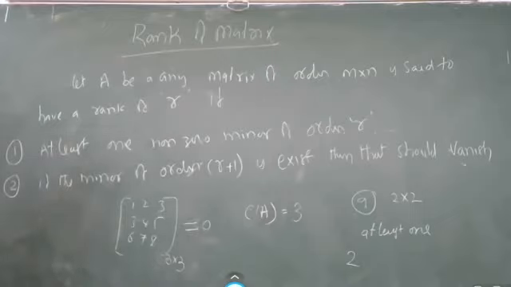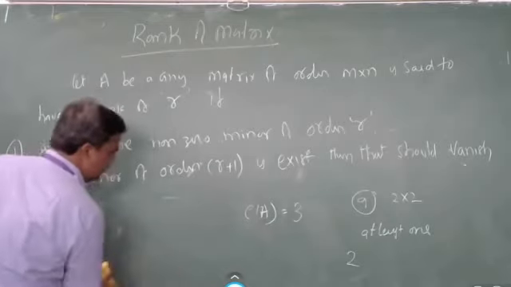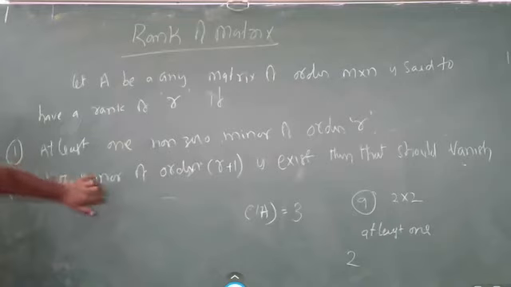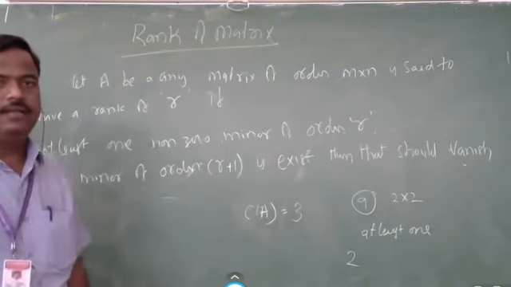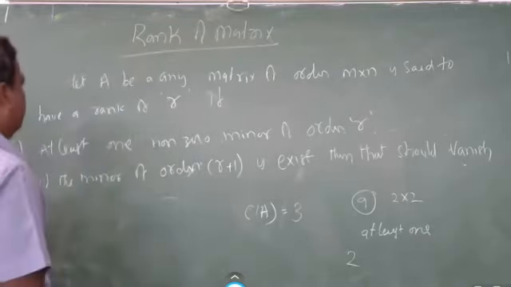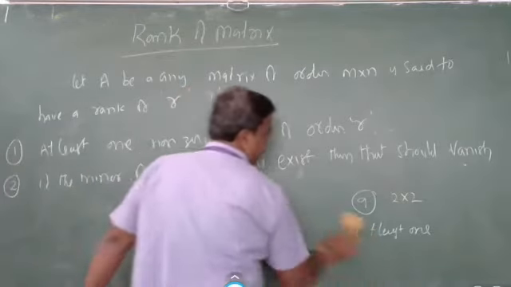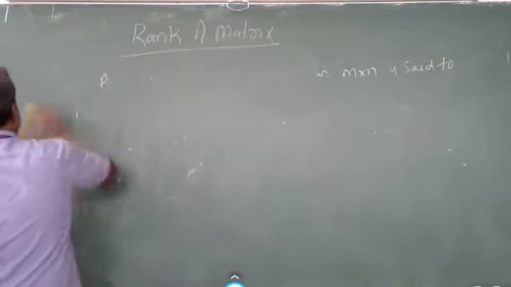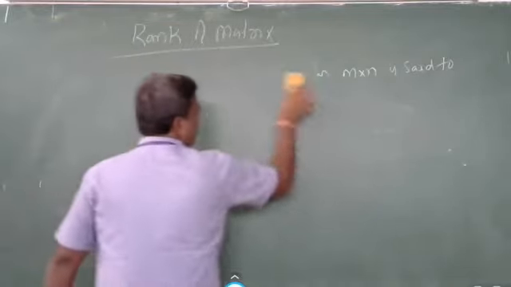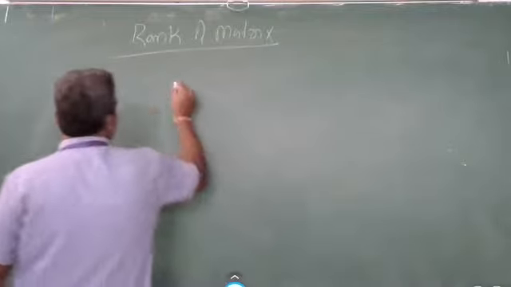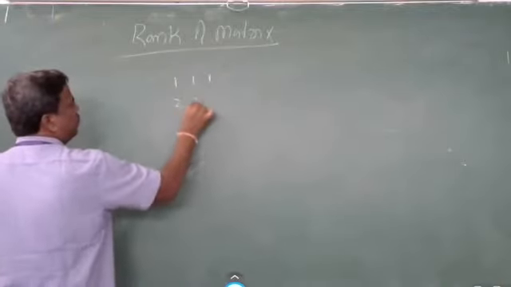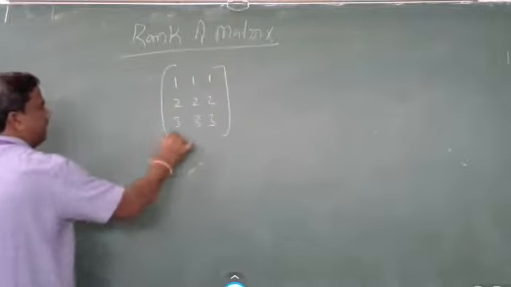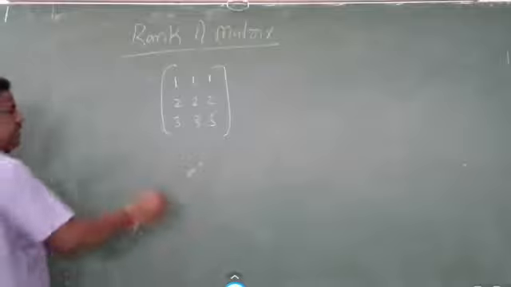For example, I will note this down. I am giving a simple example: 1 1 1, 2 2 2, 3 3 3. See this? The determinant of this 3 by 3 is equal to 0.